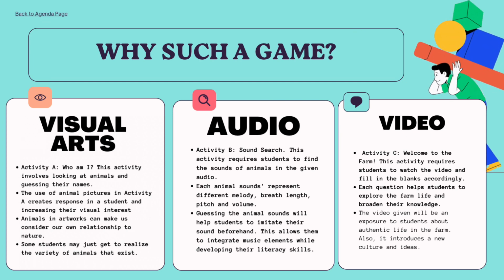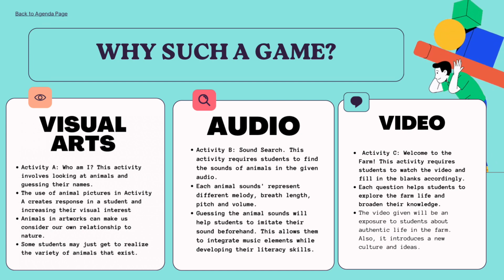This allows them to integrate music elements while developing their literacy skills. Which means obviously kids are very influenced, so when they hear the sound of a roar, they will try to imitate it first before actually answering the question. This improves their music element skills and also their literacy skills.